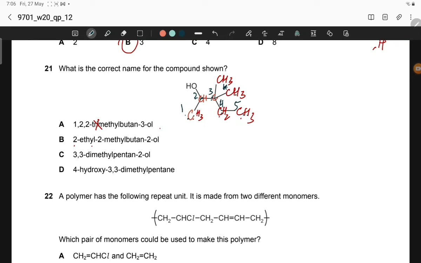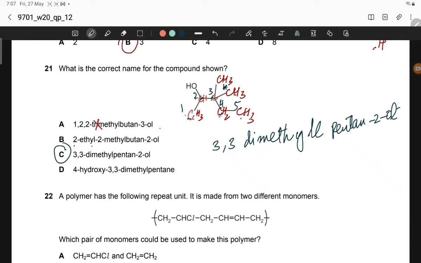This is 1 2 3, this is a short chain, 1 2 3 4 is also a shorter chain. So we have to select the long chain, 1 2 3 4 and 5. So this is 3-ethyl-dimethylpentane. So C option must be correct.